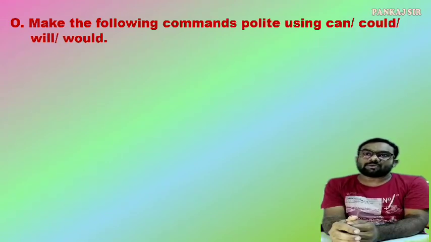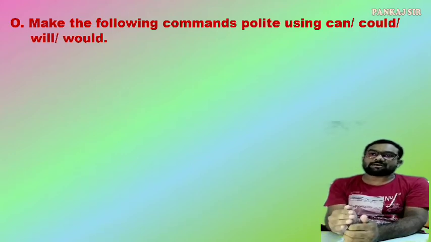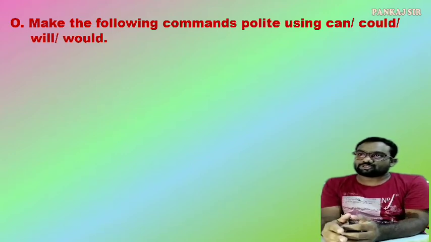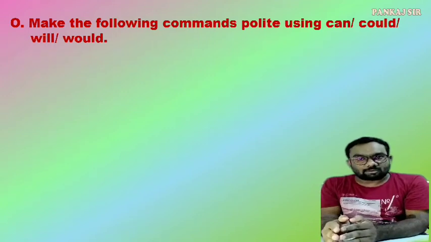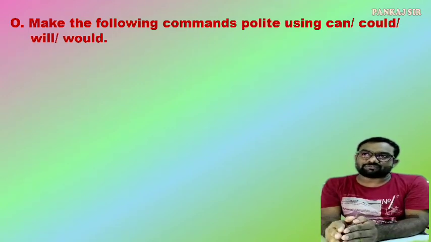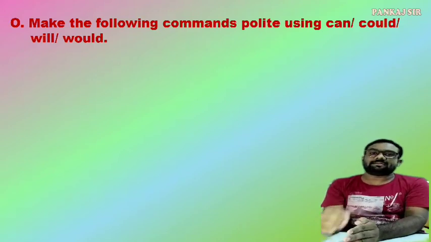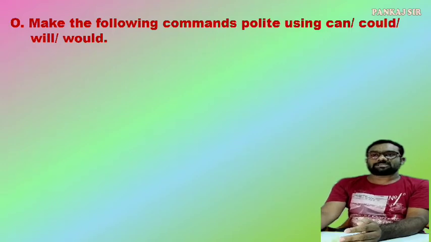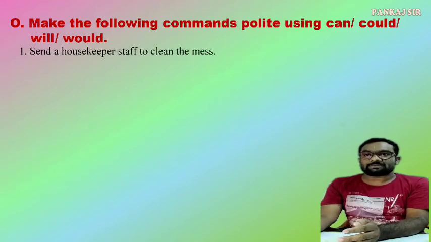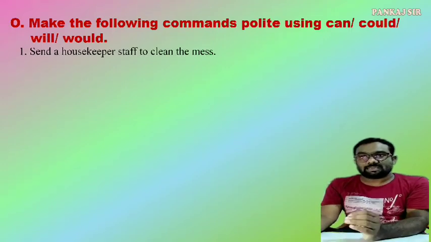Then another exercise is, make the following commands polite using can, could, will, would. Okay, so these commands we have to make polite. So when it is polite, definitely we use could and would. There is no space for using will and can. Let us see the sentences. Send a housekeeping staff to clean the mess.